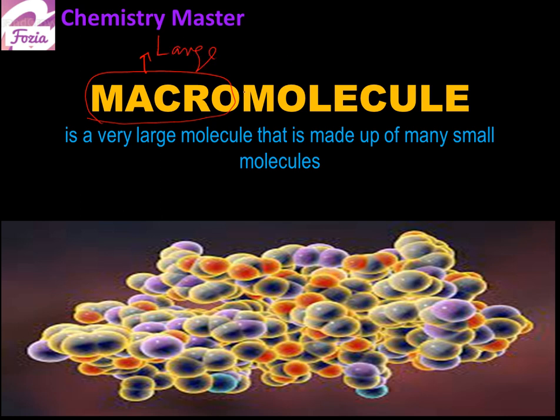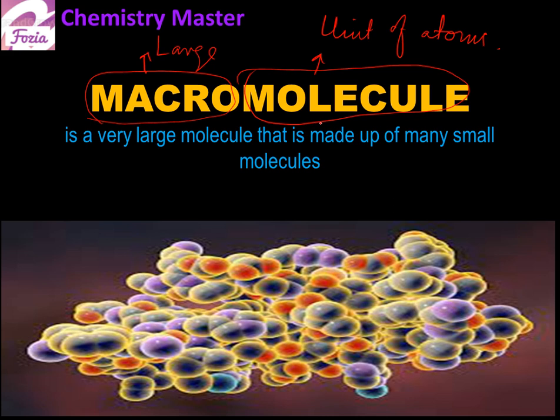And in chemistry, the molecule is defined as the unit of atoms which are chemically bonded. So you see, the macromolecule means a large molecule which is made up of many small molecules. As you see, this is a larger molecule which consists of further smaller molecules which are linked together.